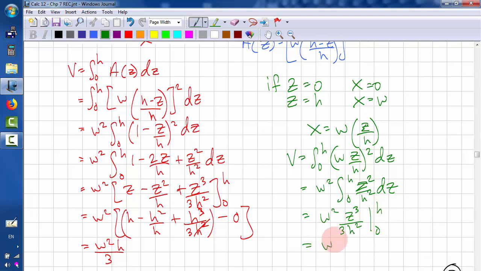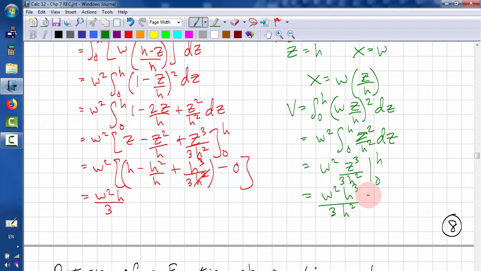And we get w squared, h cubed over 3h squared. And we get the same result. H squared cancels out, w squared h over 3. Okay, a little bit simpler work. We don't have to expand a binomial because of the direct relation between x and z.